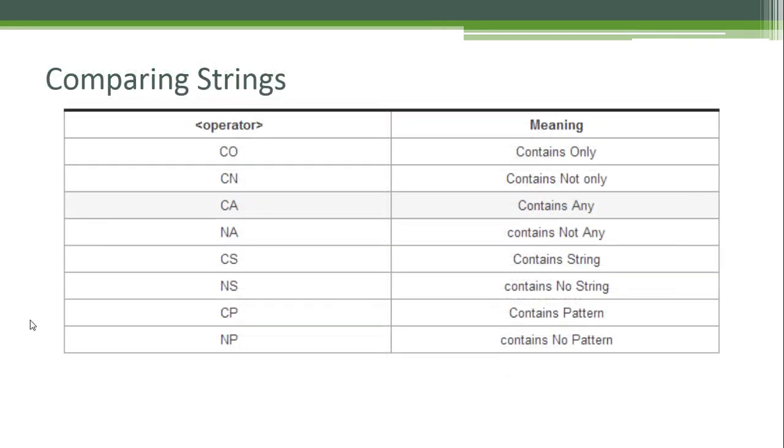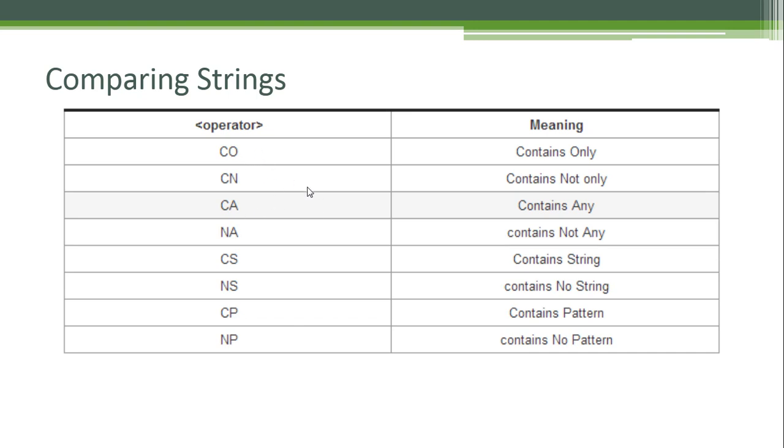When you compare strings, you use different operators. For example, you use the CO operator, which means contains only. This is very useful, for example, if you want to know if there is a certain character inside of a string.